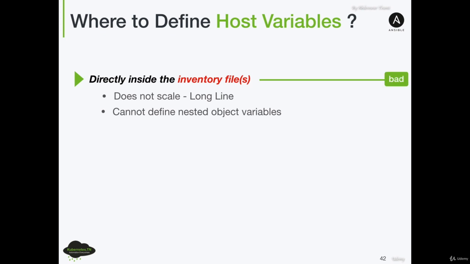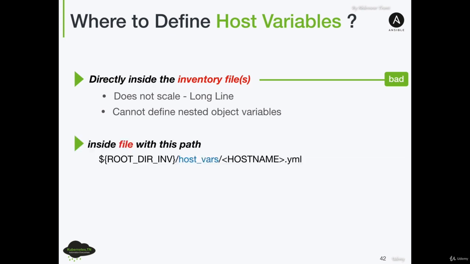Ansible provides other ways to assign a variable to your host. Simply, you need to create a directory named host_vars in the same working directory as the inventory file. Then create a file with the same name as the host. If the host name is, for example, dev1, this file will be dev1.yaml.